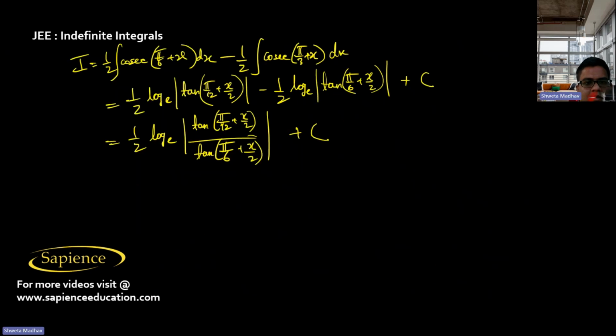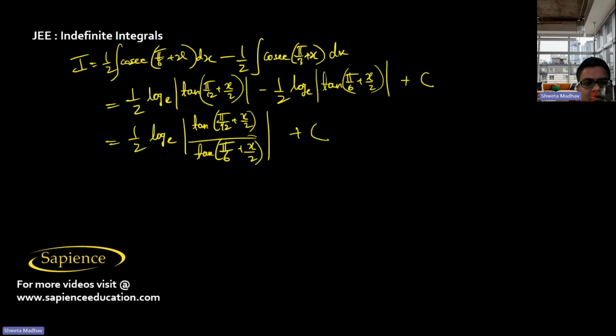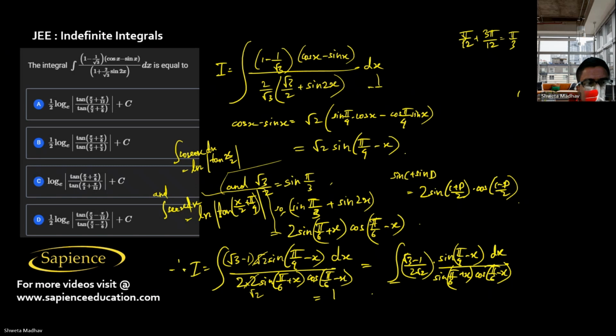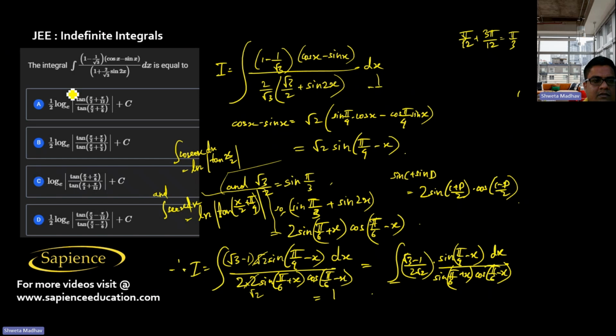So this is pi x by 2 plus pi by 12 by x by 2 plus pi by 6. It means option A is the correct answer.